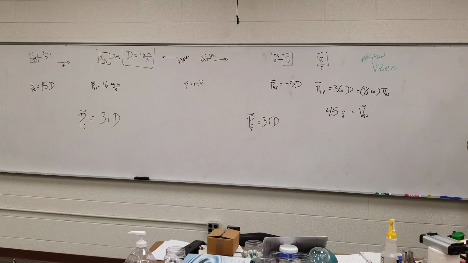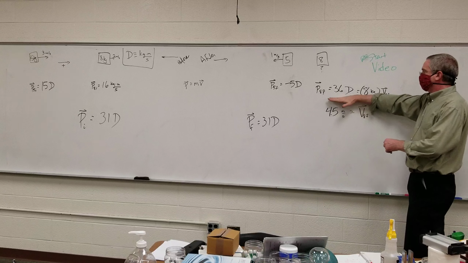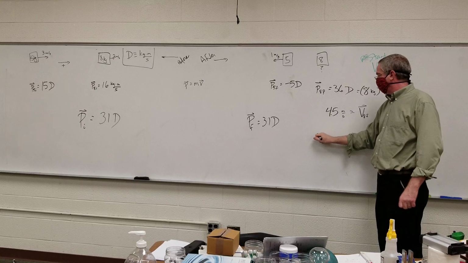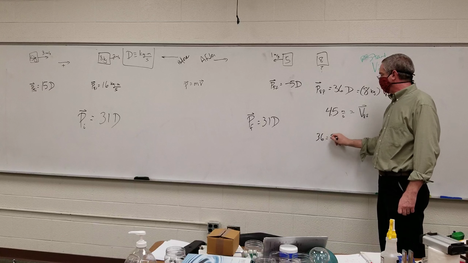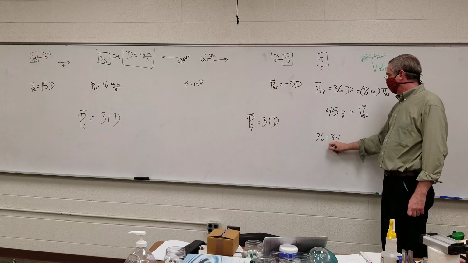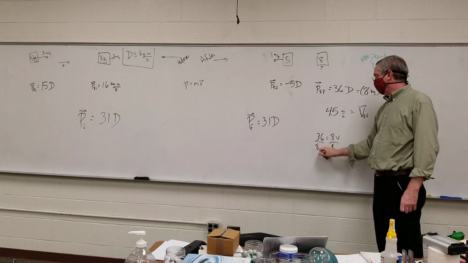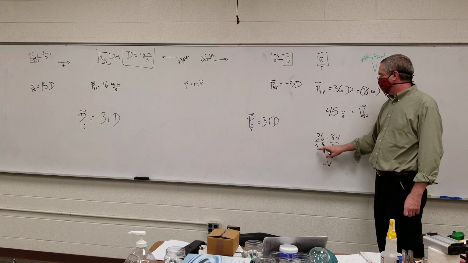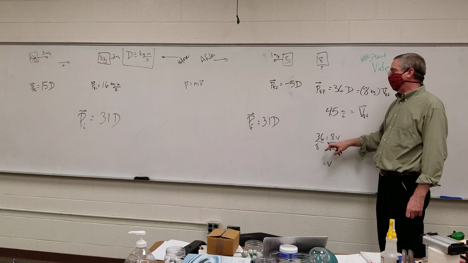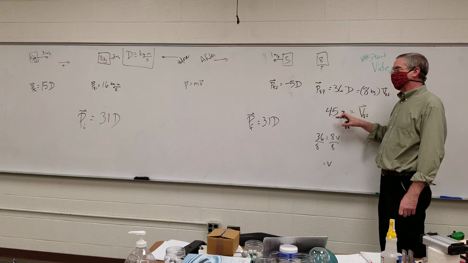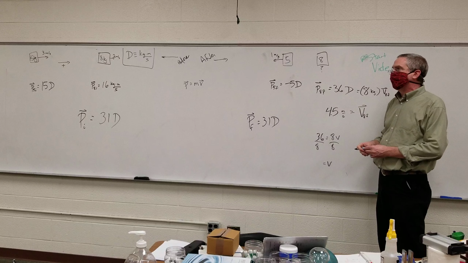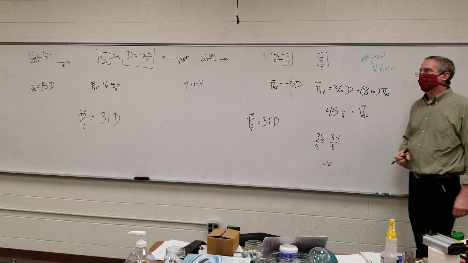How do we get 4.5? From this math problem: 36 is equal to 8V. Divide by 8. Yes, so 36 divided by 8. I know 8 times 4 is 32, which gives me a remainder of 4.